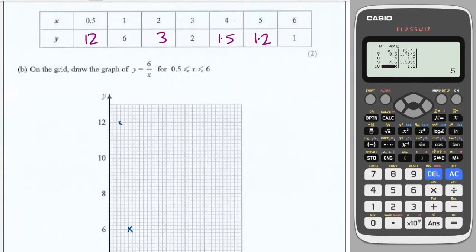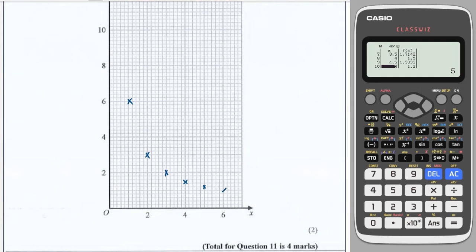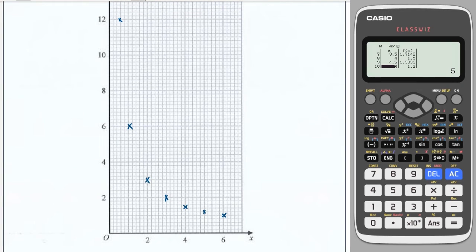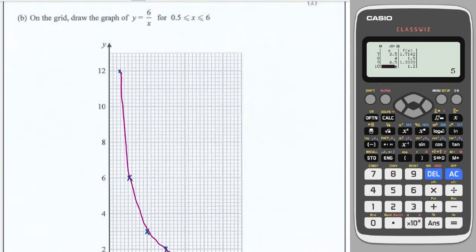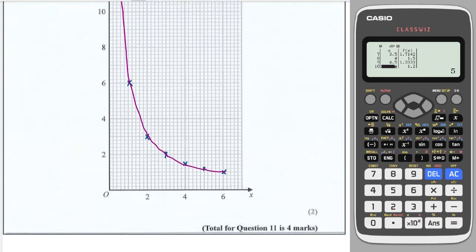Put there, and 6 is 1. And as always, let's draw a nice smooth curve to connect them all up. Perfect. Yep, all good.